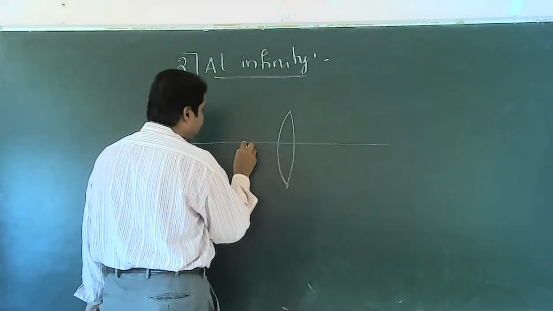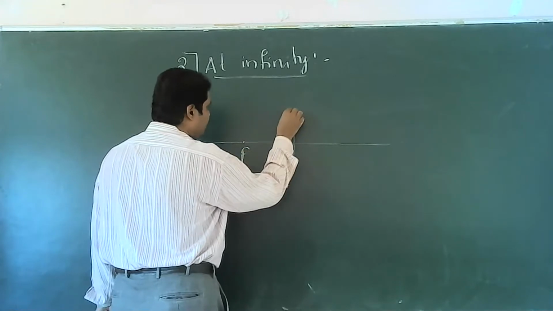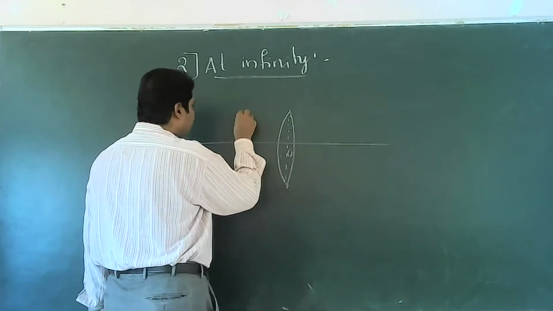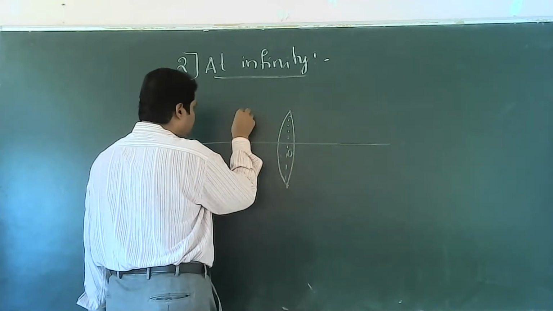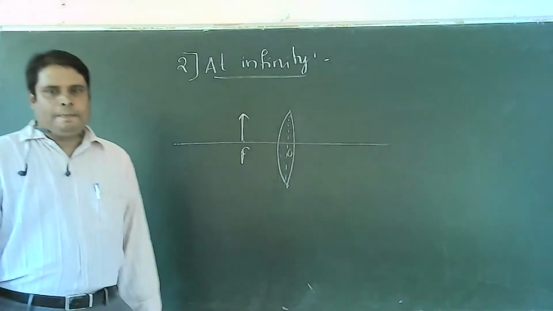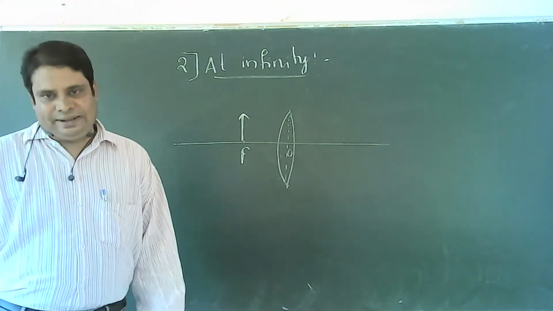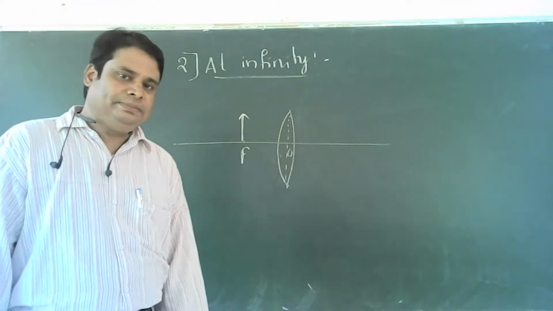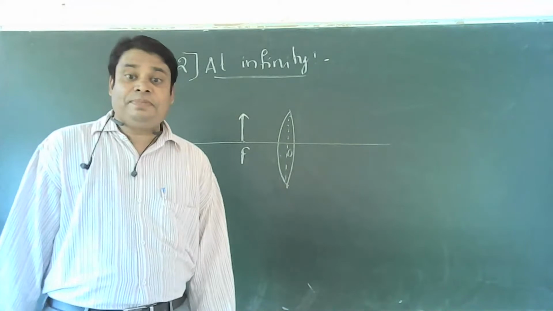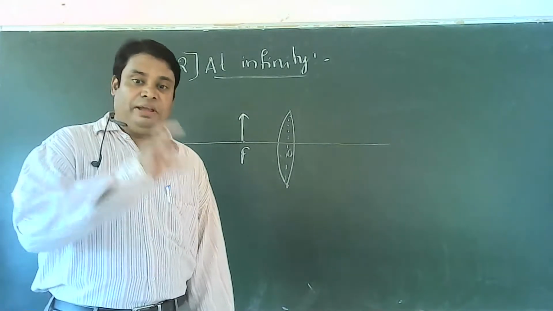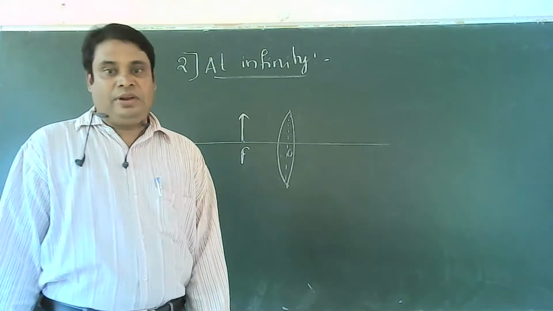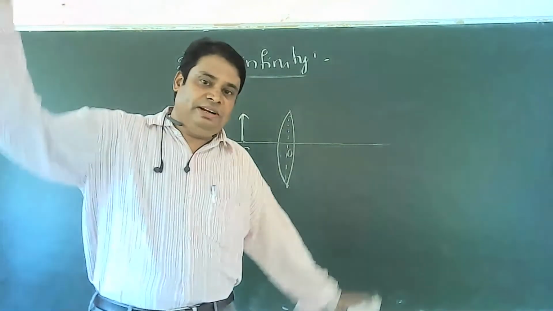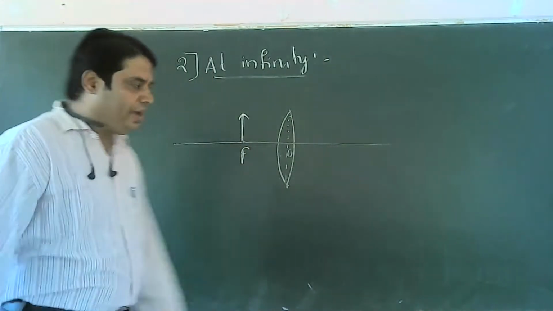Let this be F, okay, F, and O. Now, let us keep our object exactly at F. When the object is placed exactly at F, the focal length, principal focus, then what we observe? We observe our image is formed at infinity. What is the nature? Inverted, very much enlarged, but real.